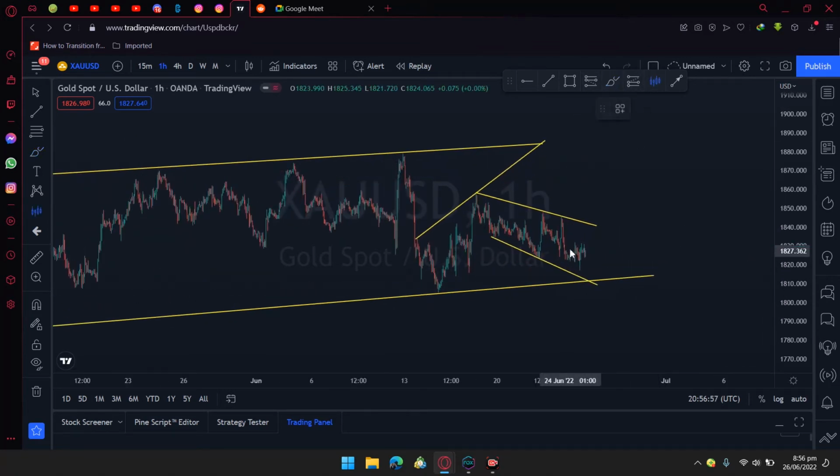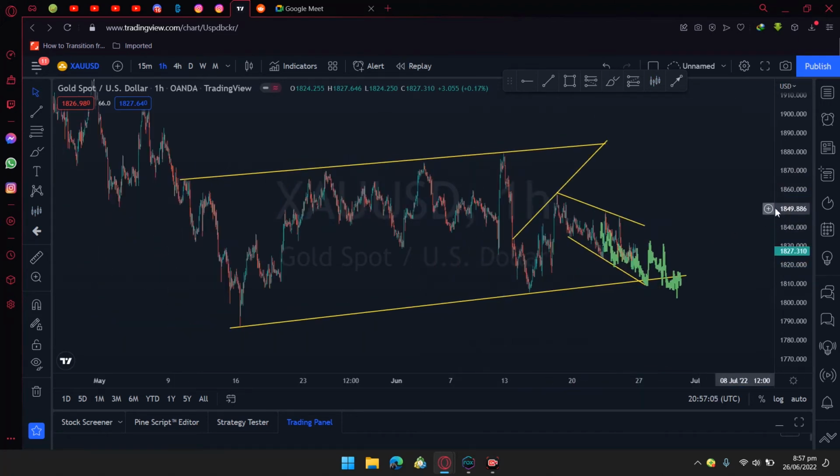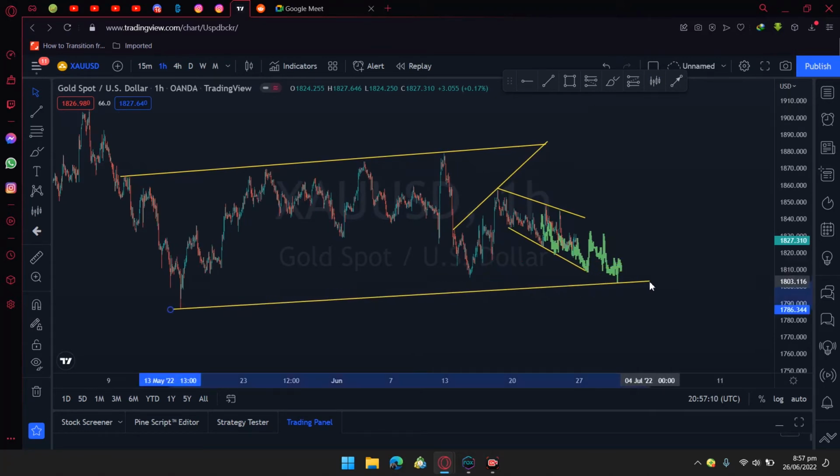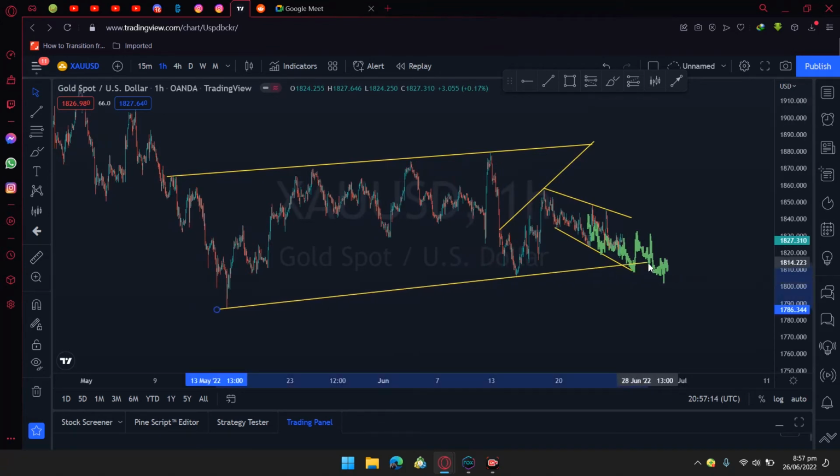Okay, so possibly we can have price still moving in this direction and then extend a little bit down like this. We can have price extend a little bit down, breaking our trend line correctly. So we just readjust our trend line, so it will take out this level here for us.